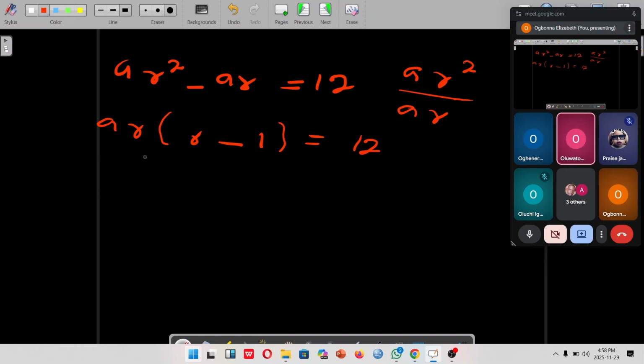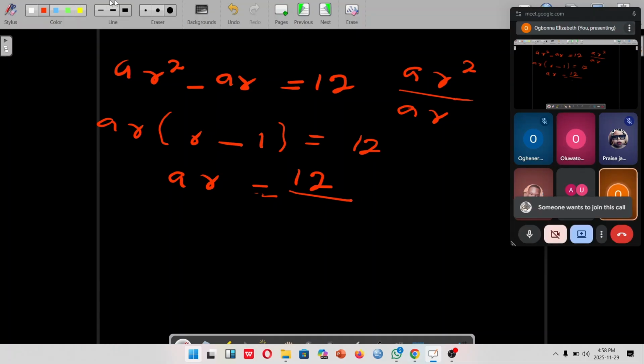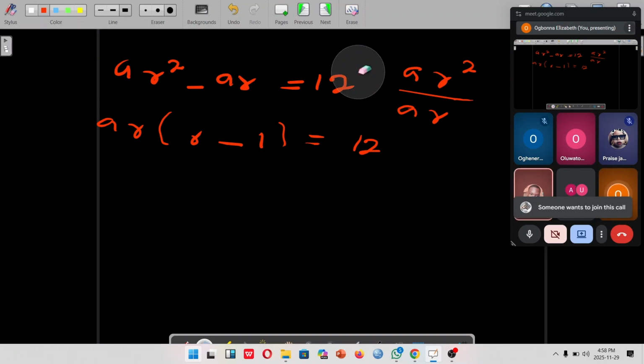So we now have AR equals to what? Let's make it simpler. Plus 12 over R minus 1. Or don't let me make it complex for you. So let's stop here. So what will I call this last one now?